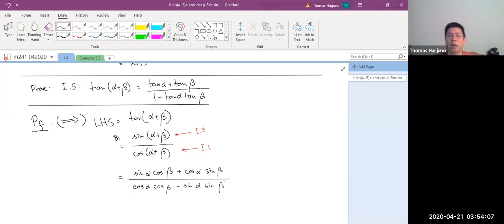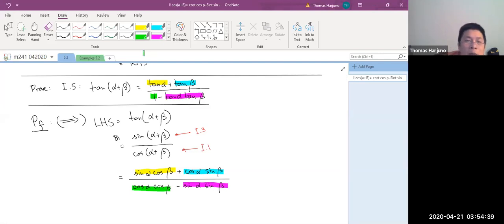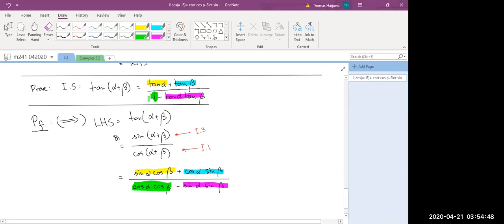Now, I want you to realize that we already have a very similar pattern to what we need to prove. We have something plus something on the top, something minus something at the bottom. One big hint is this: the green position here should become 1, right?